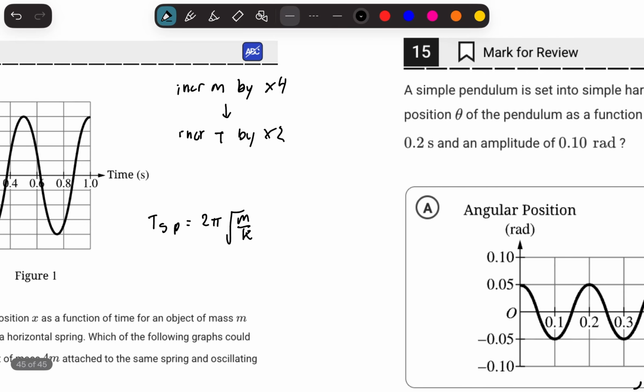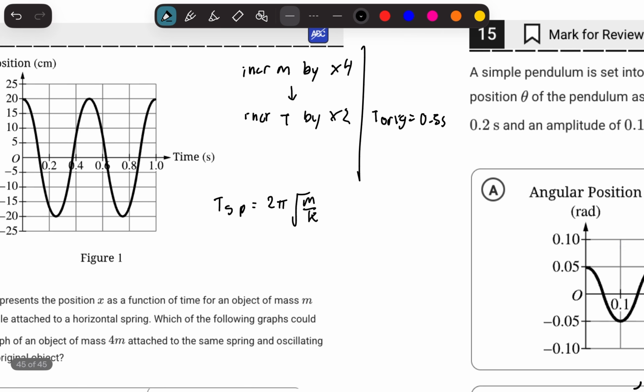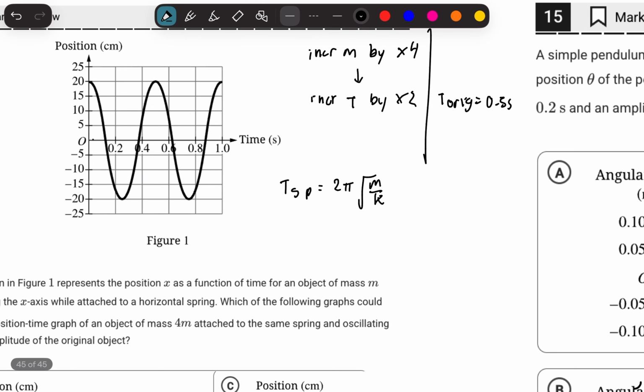So that means that your original period, your T original, was equal to 0.5 seconds. Here you had that at T is equal to 1 second.